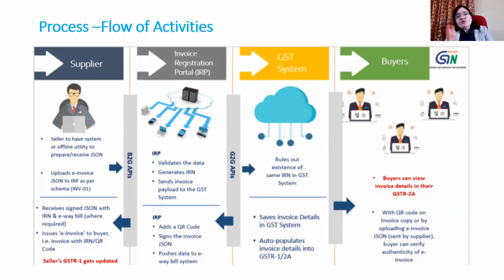Second, that data goes to the GST system. Whatever invoice is reported is going to be auto-populated in the GST system. In the GST system, they will update the GSTR1. So your GSTR1 is now going to be updated automatically once you report the e-invoicing.